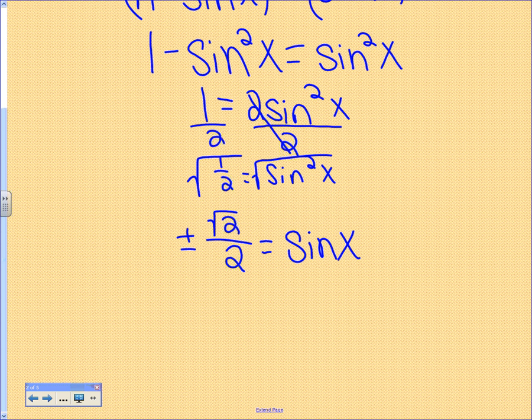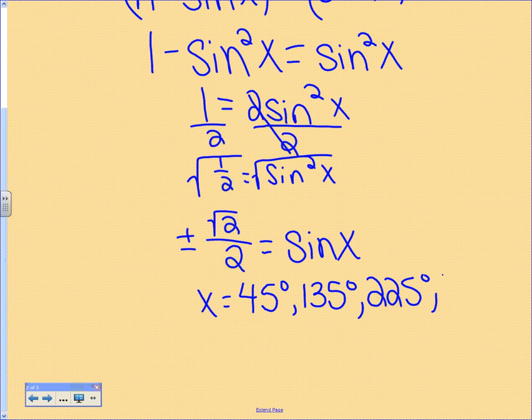A plus or minus. Okay. So x equals what? Okay, 45. And 135. And 225. And 315.